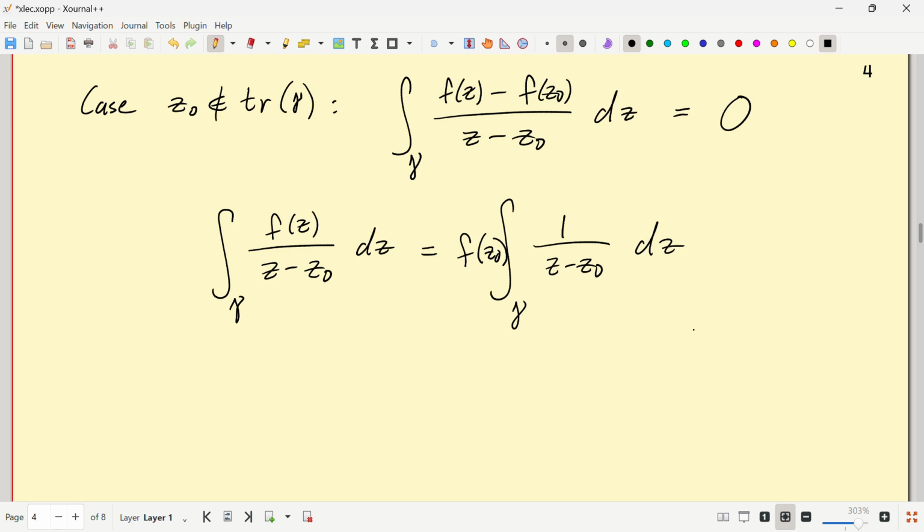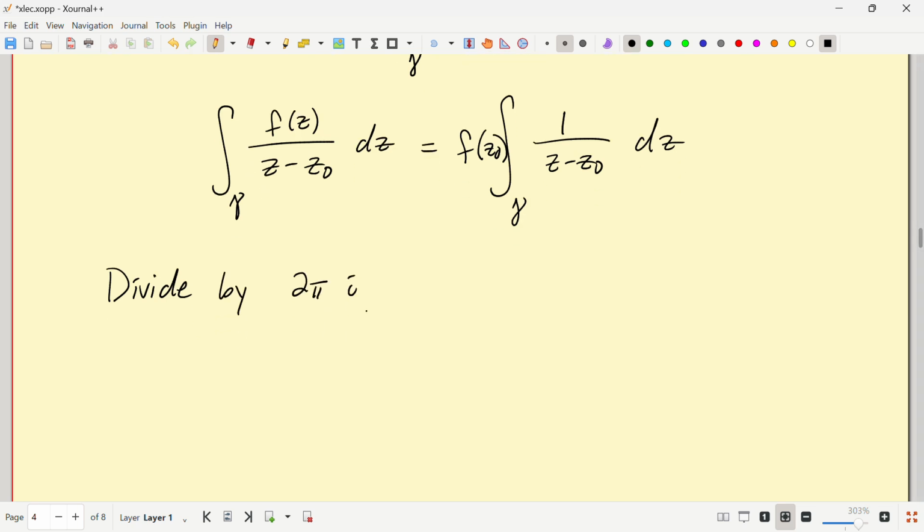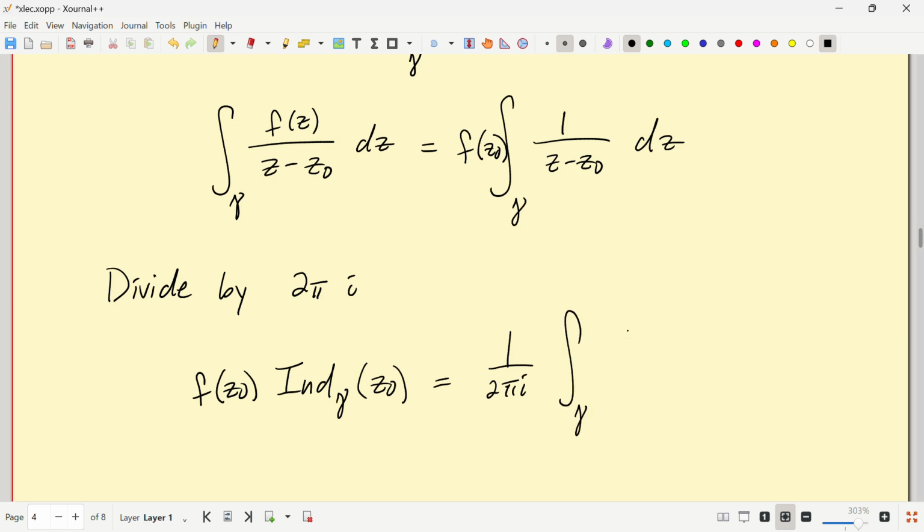Okay, so if I divide both sides by 2 pi i, then you get that f of z naught times a thing called the index with respect to gamma of z naught is going to be equal to 1 over 2 pi i integral along gamma of f of z. This is the Cauchy integral.